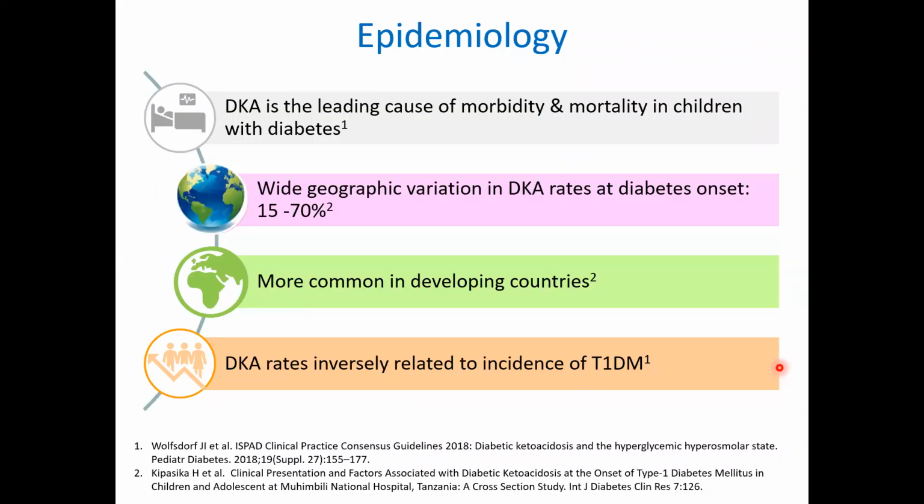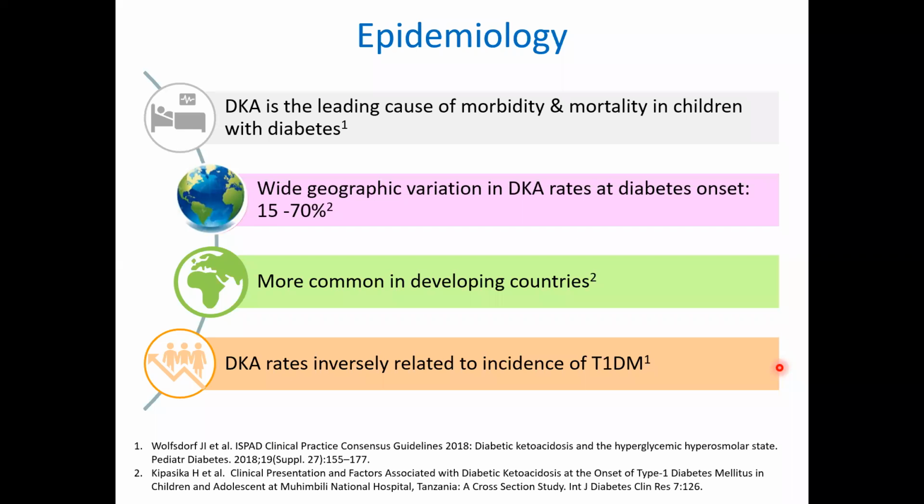So just looking at the epidemiology, DKA is the leading cause of morbidity and mortality in children with diabetes, and it has a wide geographic variation at onset, ranging from 15 to 70%, but this incidence is actually much higher in developing countries. And of note is that the rate of DKA is inversely related to the incidence of type 1 diabetes.